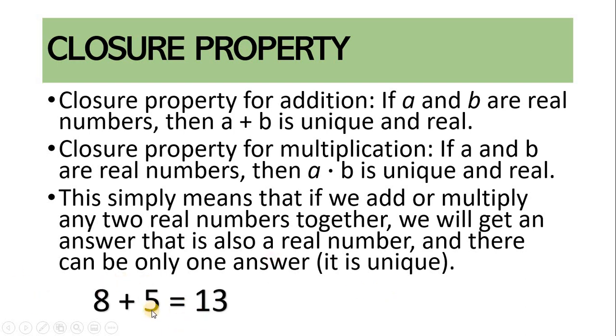So 8 and 5 are real numbers, and 13 is a unique and a real number. Itong 13 na ito ay kabilang din naman siya sa set ng 8 at ng 5. Diba? So, ito yung kabuuan. Another, in multiplication, 5 times 3 is equal to 15. 5 and 3 are both real numbers. Therefore, the product is a unique and a real number as well.